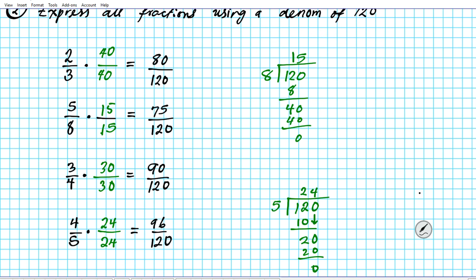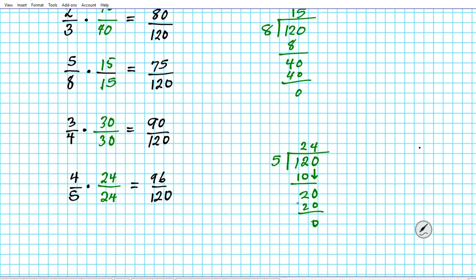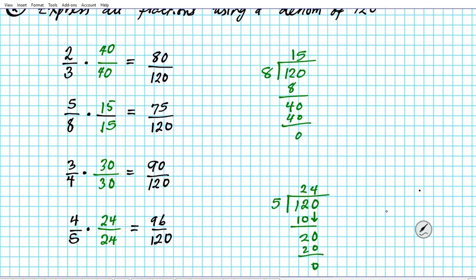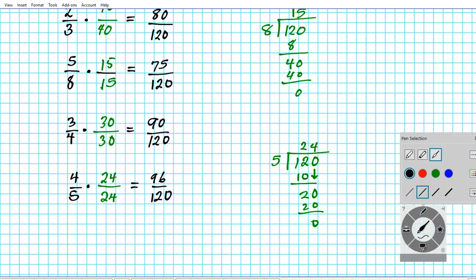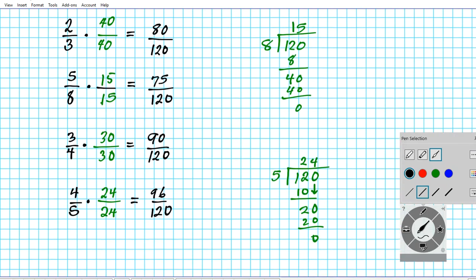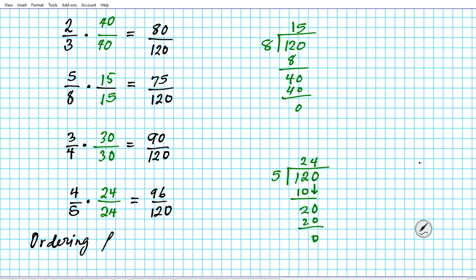Alright, so we can now order them from smallest to largest. Okay, so which one is the smallest one? We're just going to focus our attention on the numerator. Okay, so the numerators will tell us because the denominator is already identical. So I'm ordering from smallest to largest. The smallest out of all the numbers is 75.